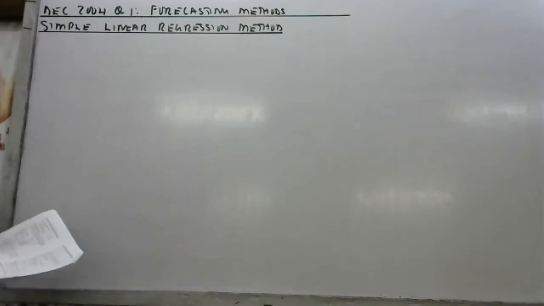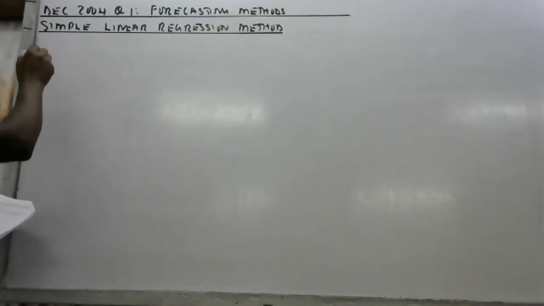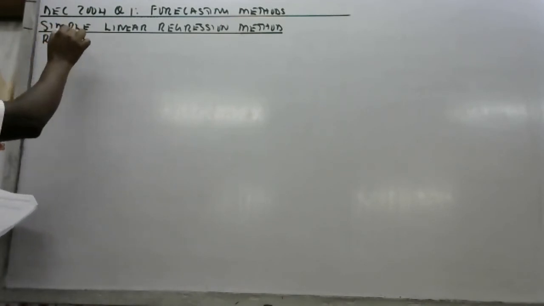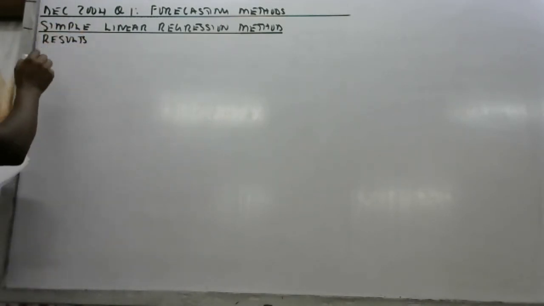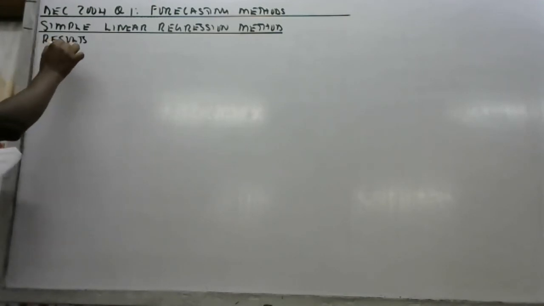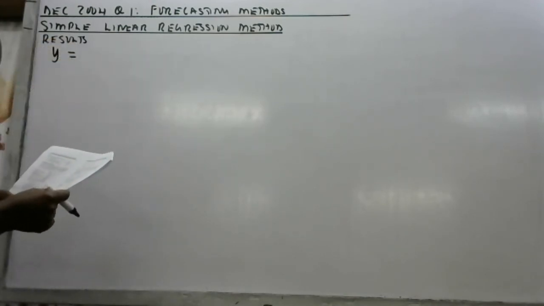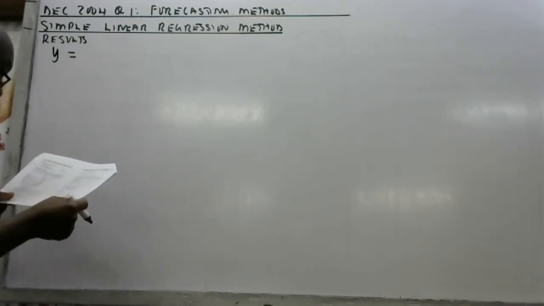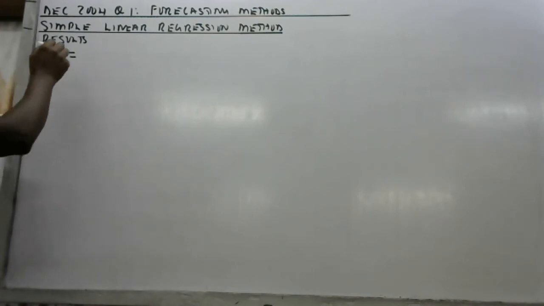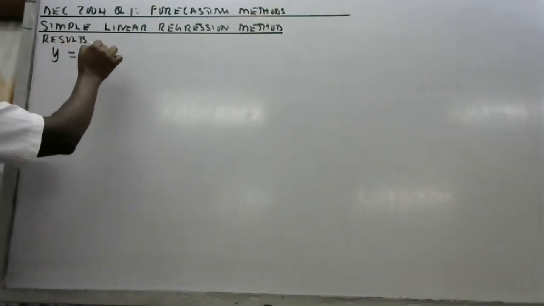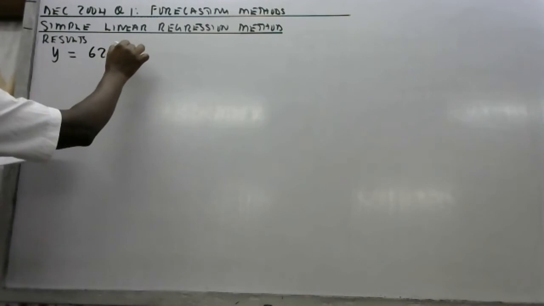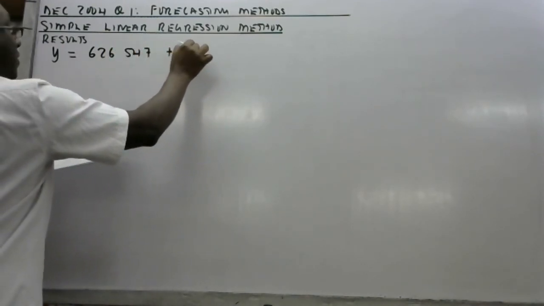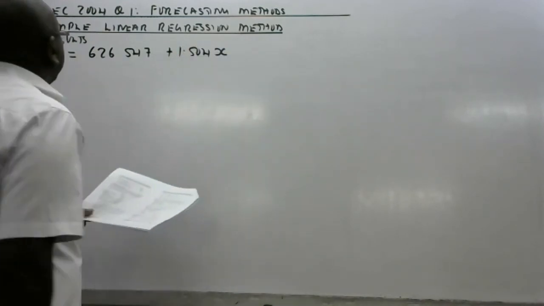But we are already given the results. Look at information 5: y is equal to 626,547 plus 1.504x.